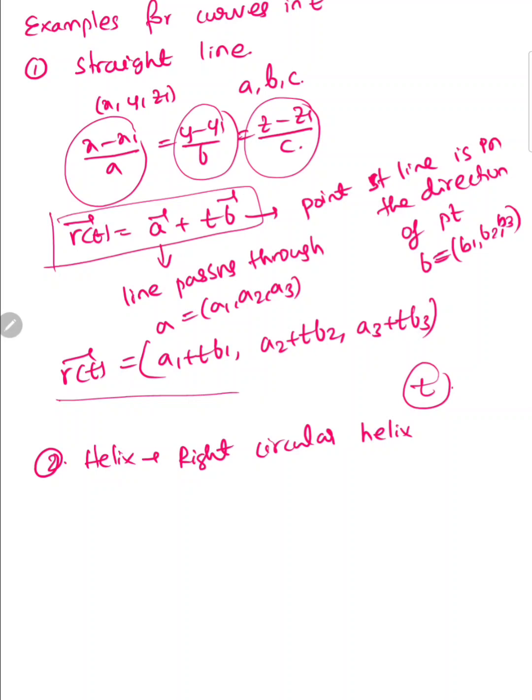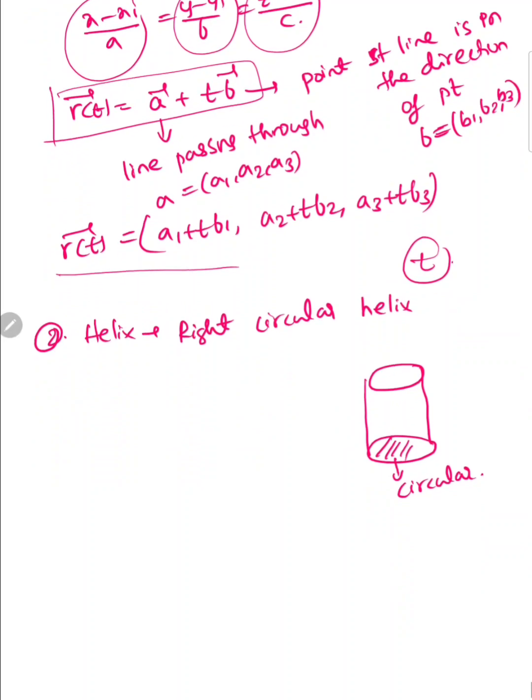A right circular cylinder is one in which the base is perpendicular to the height and the base is a perfect circle, that is, a circular base. We have a circular base and the height is perpendicular to the base. This is called a right circular cylinder. So the helix obtained on this surface is called the right circular helix.